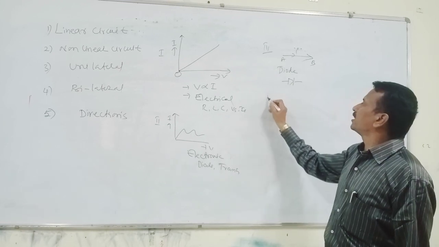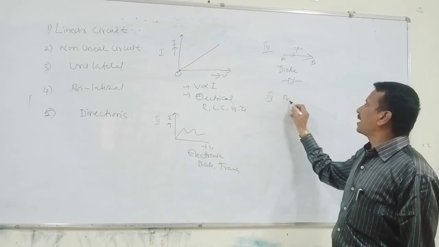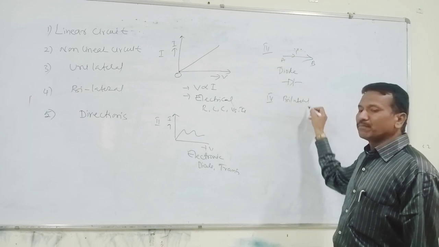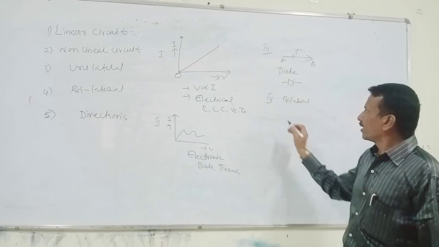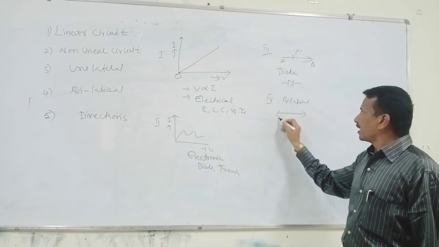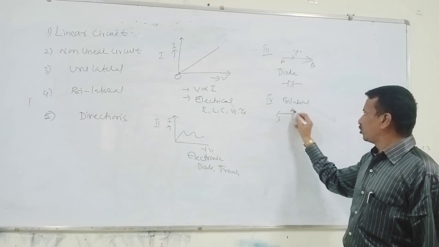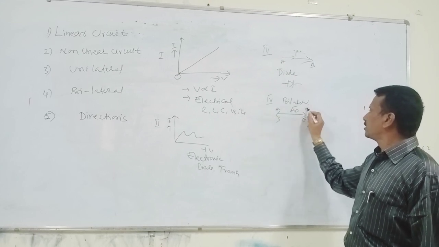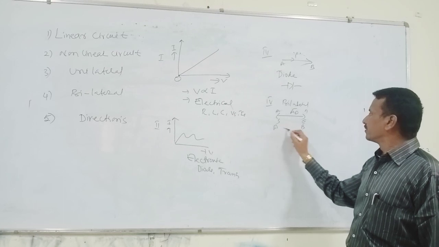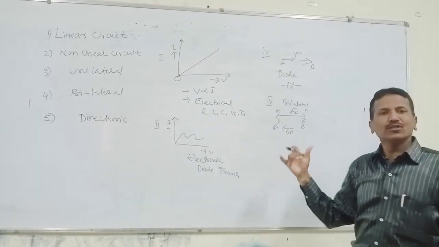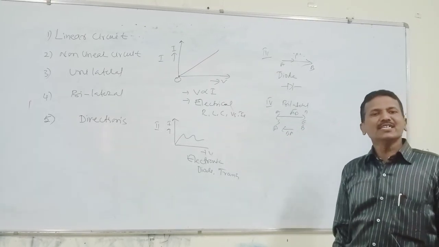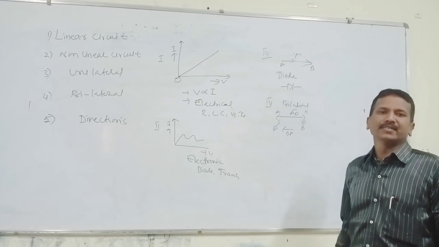So the fourth one is the bilateral. Bi means 2, students. From A to B, and B to A, so both the directions, forward as well as reverse.